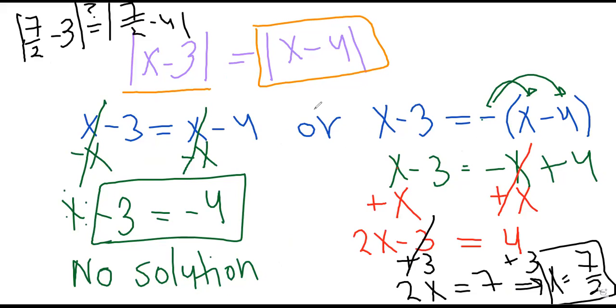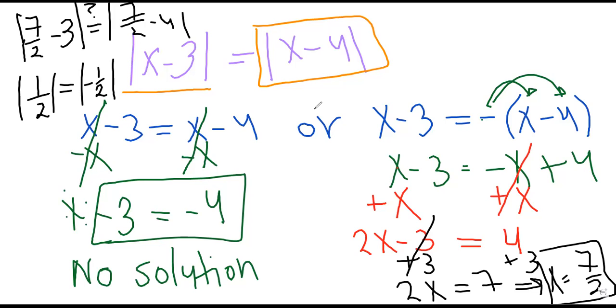Here, if you subtract 3 from 7 over 2, you're going to have half inside the absolute value. Is it equal to 7 over 2 minus 4? This will give you minus half. Minus 1 over 2.